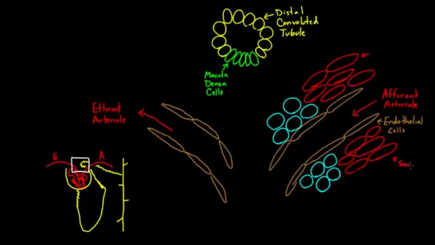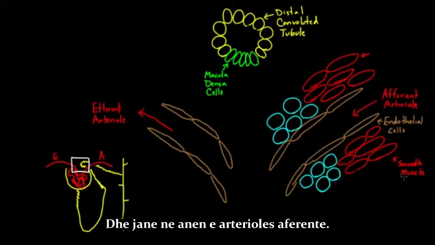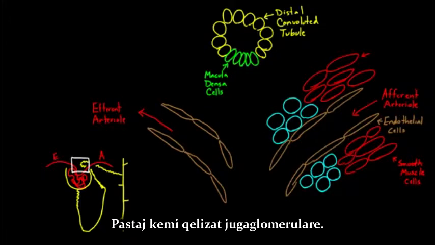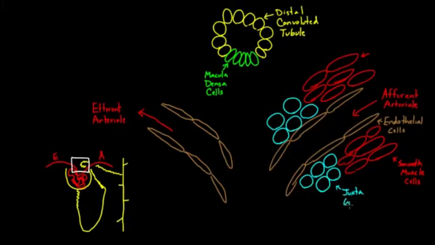Smooth muscle cells. And they're on the afferent arteriole side. You'll see them a little bit on the efferent arteriole side as well, but mostly on the afferent arteriole side. Smooth muscle cells. And then you have these juxtaglomerular cells. Talk about a funny word, huh? Juxtaglomerular cells.